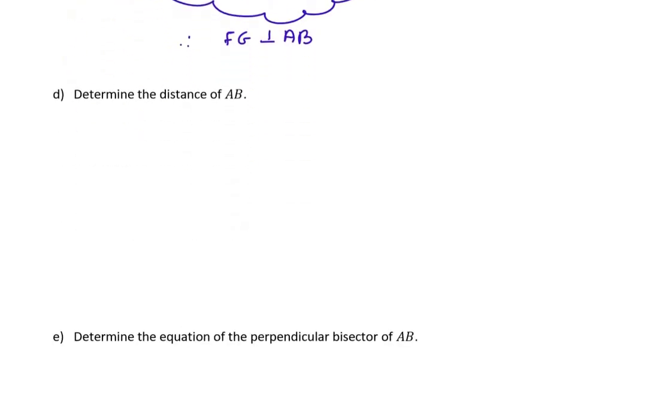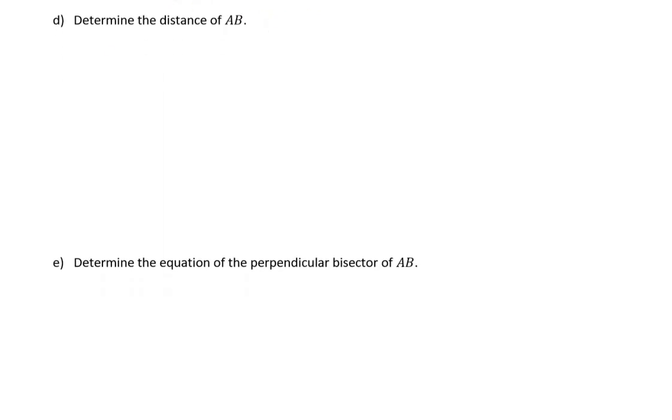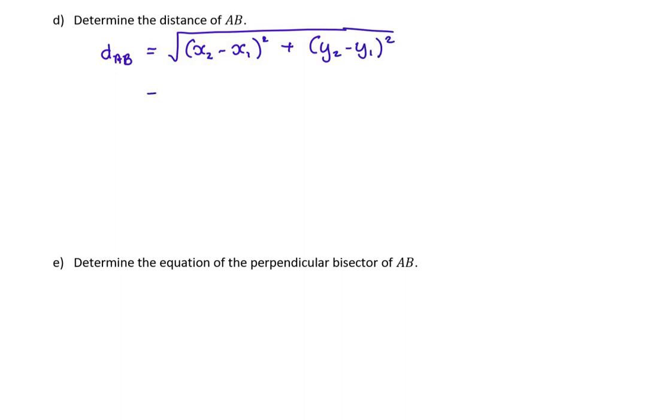Right, determine the distance of AB. Well, we have the distance formula. Again, I often don't write down the formula, I just go straight to substitution. So just for this time, I'm going to write down the formula because we don't have it in front of us. You basically subtract the x values and subtract the y values and square them. So it doesn't matter which one's point number 2 and point number 1.